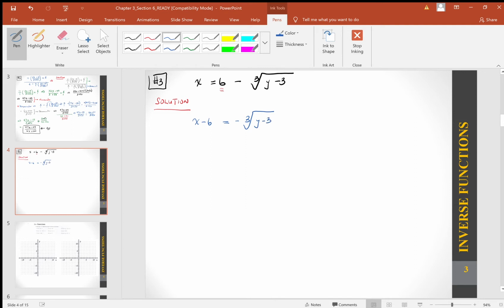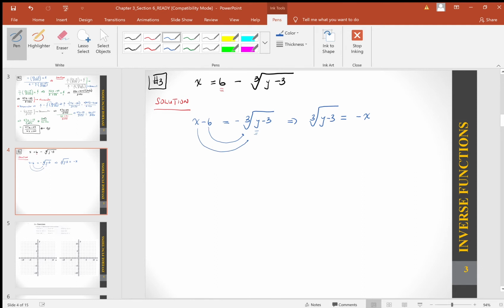Now I'm going to just switch it around to take y to the left hand side of the equation. So when I do that, the cube root y minus 3 is going to be positive, and my x is going to be negative, because I'm taking this 6 to this side and this x to this side of the equation.